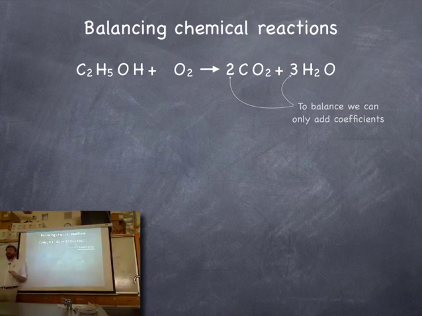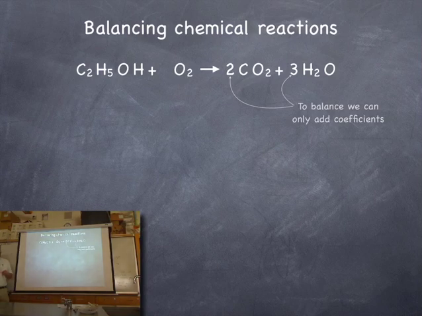The last thing I have to balance is the oxygens, right? I need to go through here and figure out how many oxygens I need. Now it occurs all over the place.